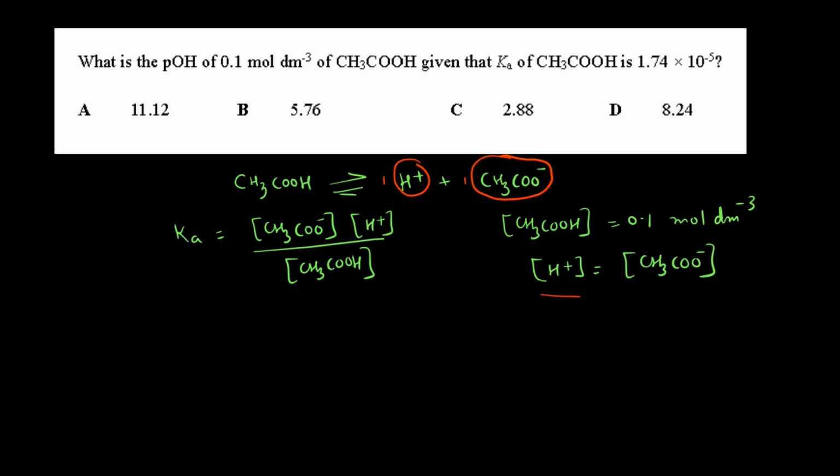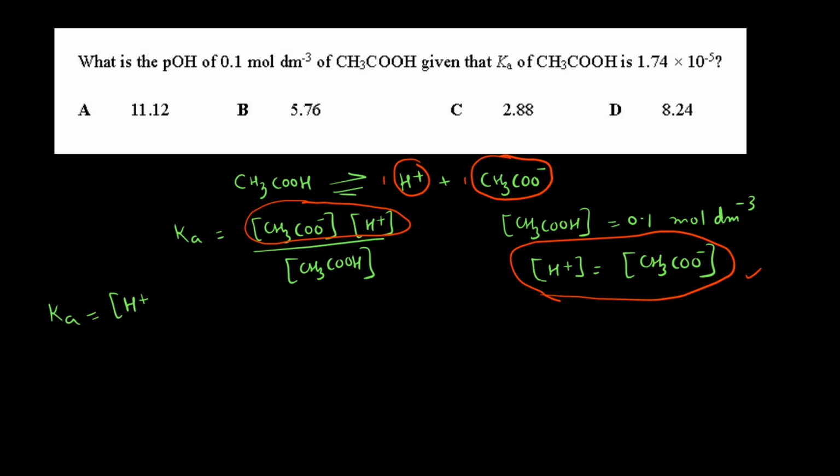So the equilibrium concentrations of H plus ion and acetate ion are equal, and we can change this numerator to H plus ion concentration squared, divided by the acetic acid molar concentration.